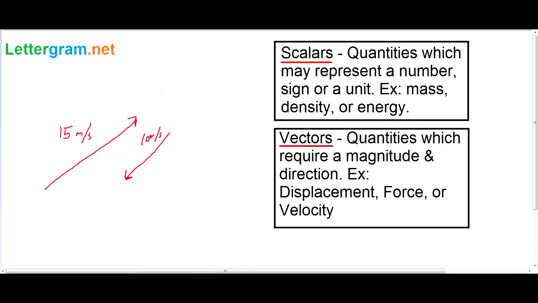This will give us a vector still moving 5 meters per second in that direction, because it is going 15 meters per second up this way, and then you minus off the 10 meters per second this way. That would be an example of vector quantities.